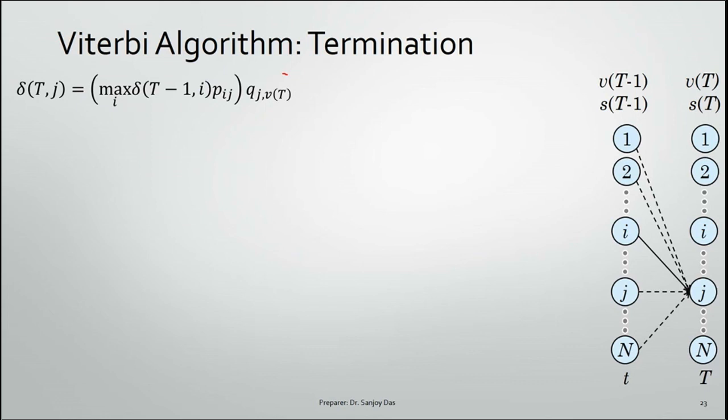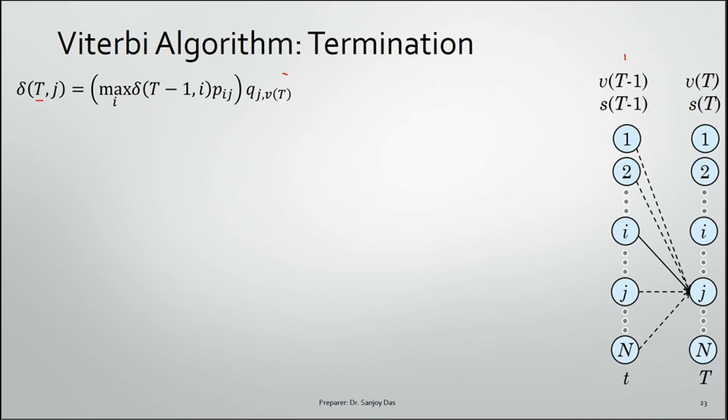What exactly is it? Once again, delta tj here is a joint probability consisting of three components, three events. One is the most likely previous path until t minus 1.